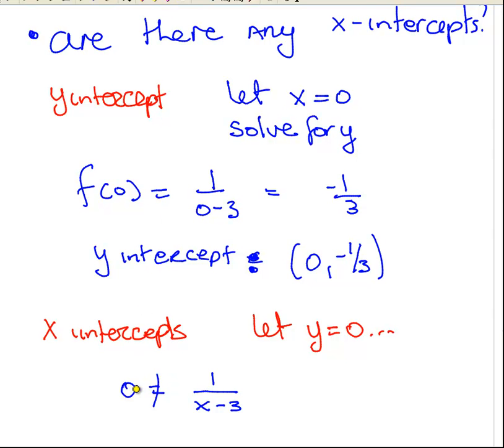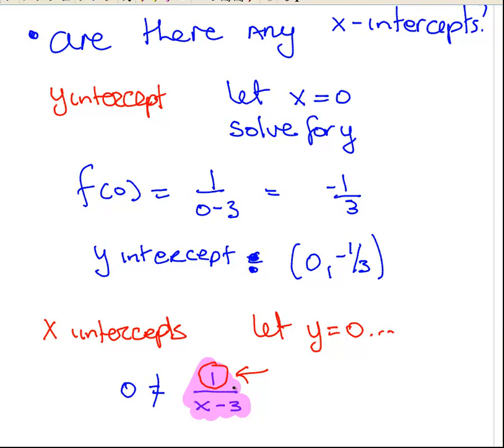For this fraction to be equal to 0, the numerator has to be equal to 0. If that was some expression in x, that might equal 0, but because we have a constant term there, 1, it can't equal 0. So there are no x-intercepts because we have a fraction where a constant term is in the numerator.